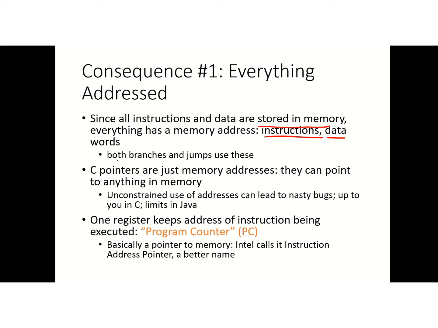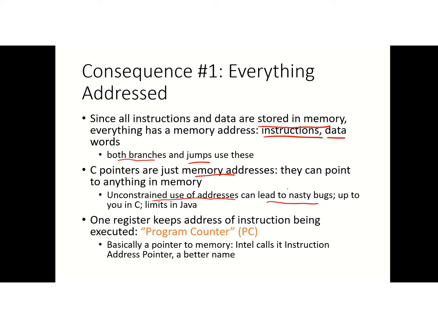Both branches and jumps also use memory addresses. The C pointers that you have learned also use memory addresses, as they can point to anything in memory. But unconstrained use of addresses can lead to nasty bugs.